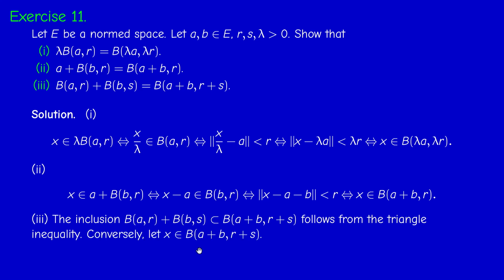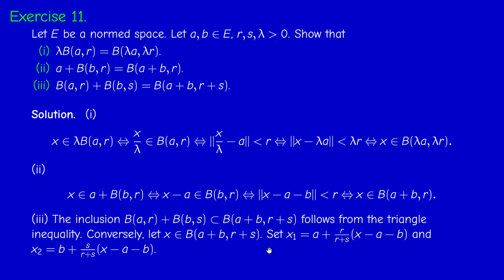So we take an element x in this ball, and now I will give you the answer. Just take x1 to be a plus a scalar times x minus a minus b, namely r over r plus s. And you take x2 to be b plus s over r plus s times the same thing.